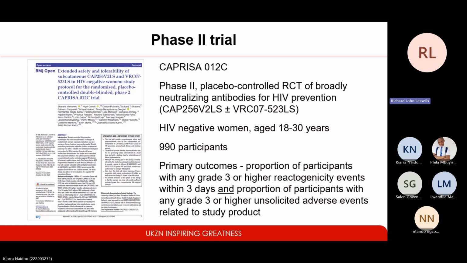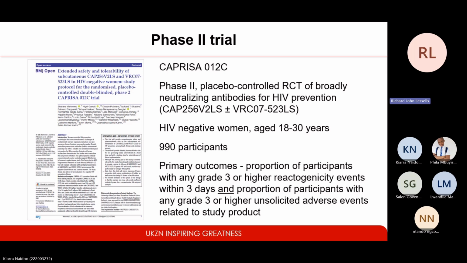We can compare. Okay, yeah, so all these things will help. And so in this study, as well as these primary outcomes about safety, there's also what we call secondary outcomes relating to efficacy and whether these antibodies do prevent HIV infection.